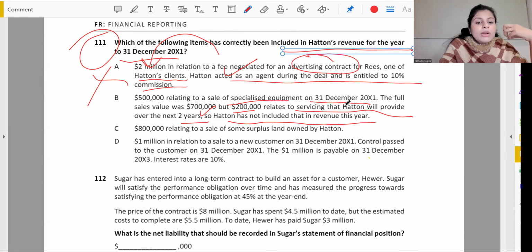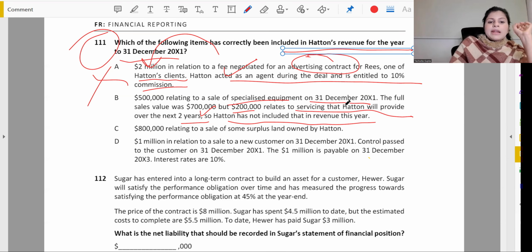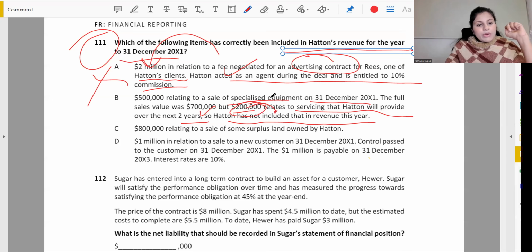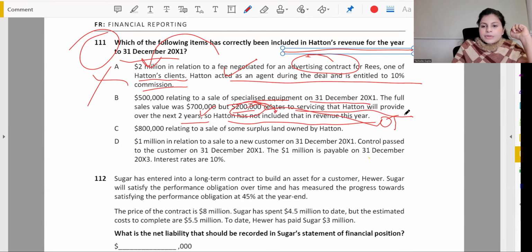That means our normal course of business is to sell this equipment. So we've sold an equipment and our normal course of business is to sell equipment only. So the full sales value of 7 lakh, but 2 lakh relates to servicing, which we have not recorded. So that's correct. You should not have recorded it. Why? Because it would be recorded over the period of time. So this seems to be correct.